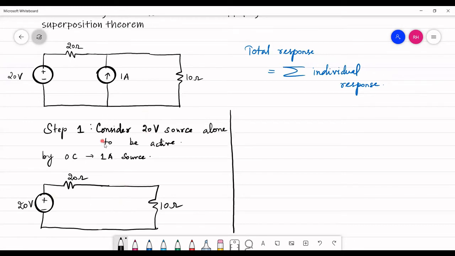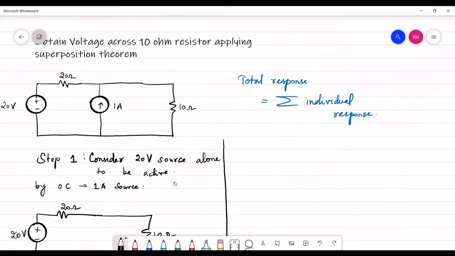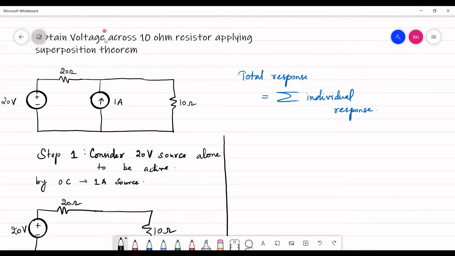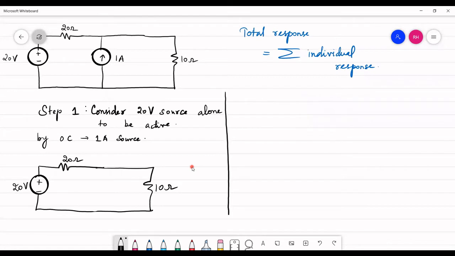Okay, so when you consider 20 volt source alone to be active, what are we supposed to find? We are supposed to find the voltage across 10 ohm resistor. So whatever voltage you find now, okay, so let V1 be the voltage across 10 ohm. So use any method to find the voltage across 10 ohm resistor.